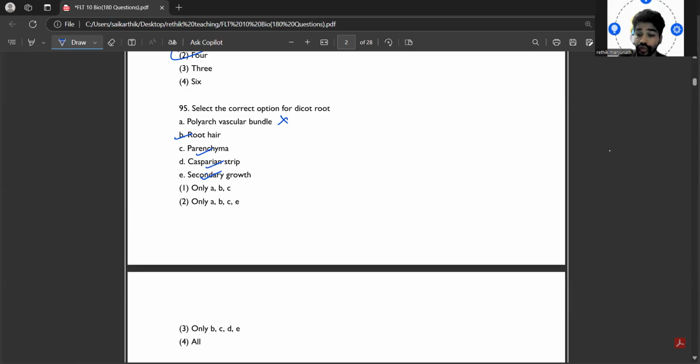Secondary growth you will also observe. So what would be the correct answer? It is only B, C, D, and E. So what about the first? Instead of this, it will be fewer than six vascular bundles, not polyarch, rather fewer than six vascular bundles.